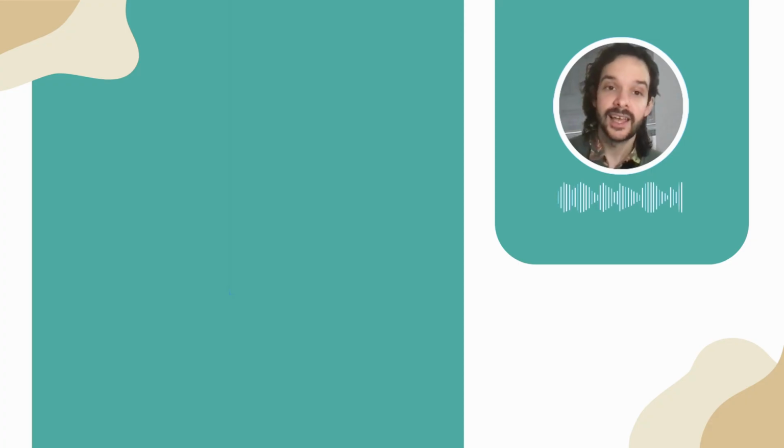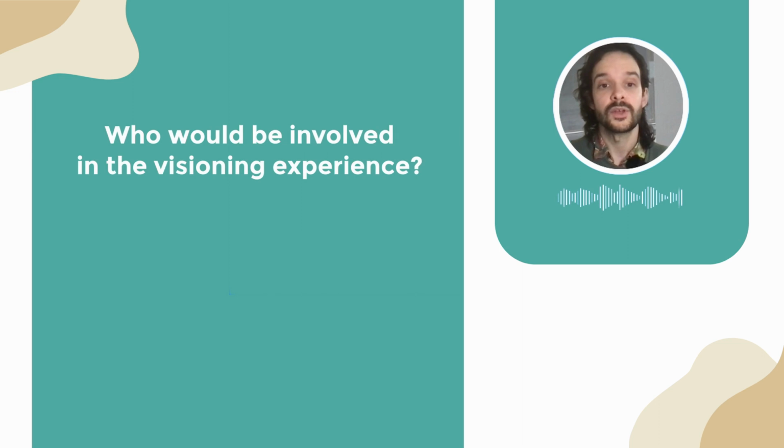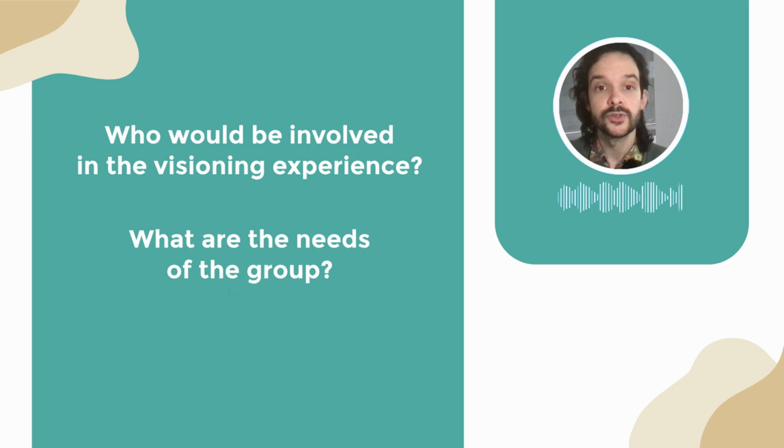Now, just like Filipa said, it's very important to start by mapping who are the people that you're working with, who are the people that are joining the visioning exercise. Because for some people, it is important to hold space in a different way depending on where people are. And I know many of our Realigns partners who are calling in are working with people who have experienced displacement or environmental crisis.